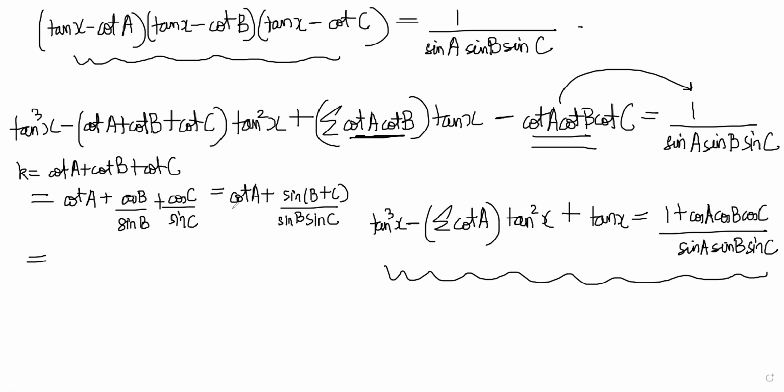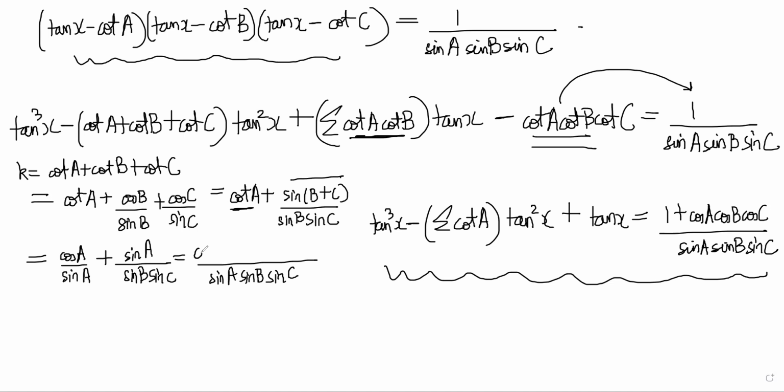And now you can write this as cos A by sin A plus sin of B plus C, which is sin A by sin B sin C, right? And then you can take common denominator, it becomes sin A sin B sin C.